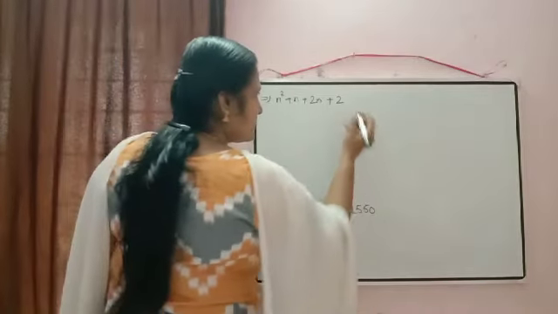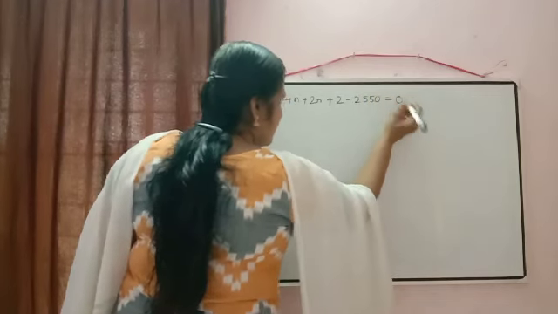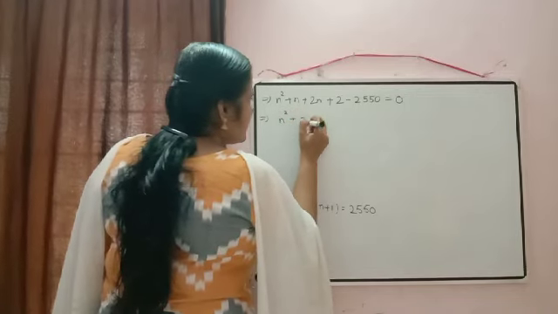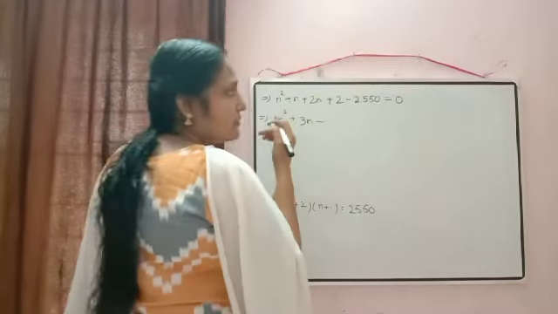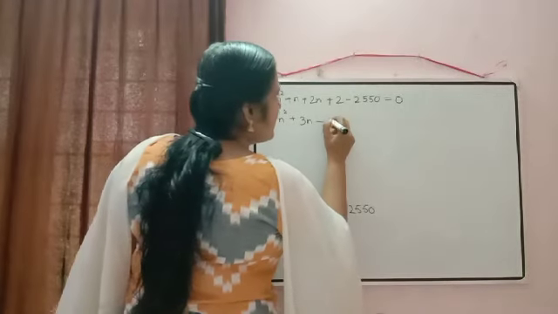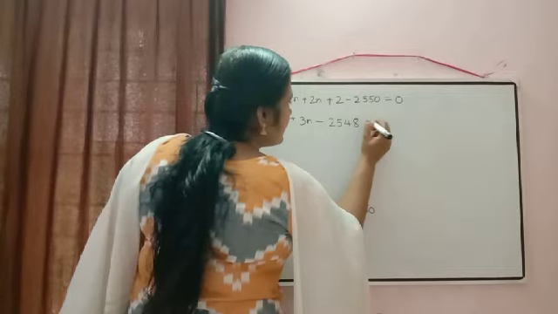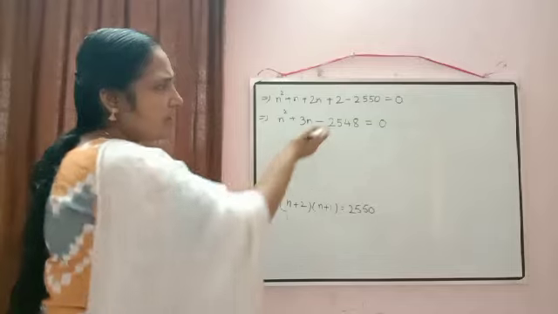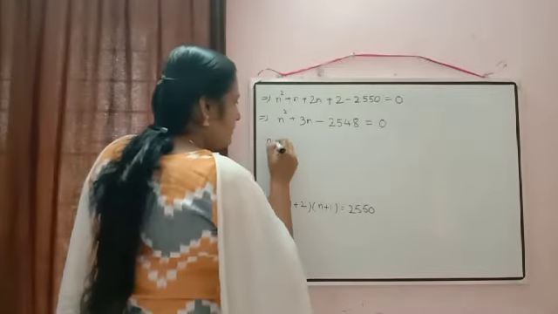So shift 2550 to the left hand side equal to 0. We'll get n square plus 3n minus 2550 minus 2, that is 2548, is equal to 0. Now we can use the quadratic formula because the number is so big, and here we are finding the value of n.